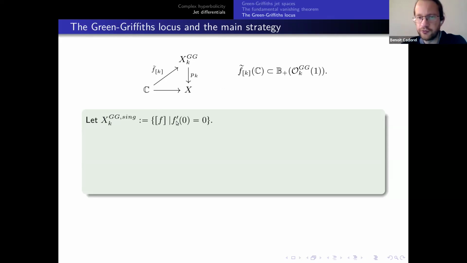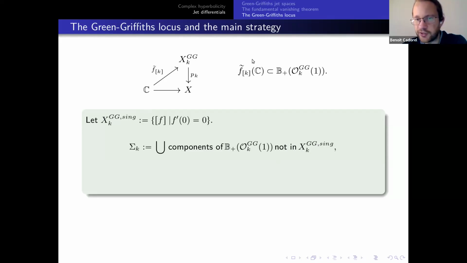So one thing that must hold for sure is that if you have an entire curve, then the image here cannot land identically inside that space, or it will mean that f prime vanishes identically on C. So this image, if C is not constant, must at some point leave that space, but it must always fall inside that space. So what you can do is you can just look at the components of that space here, which are not contained inside the space of singular jets, which is defined here.